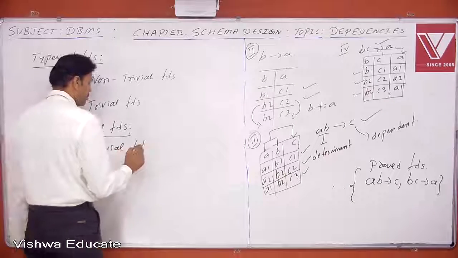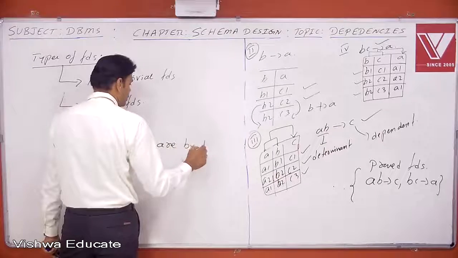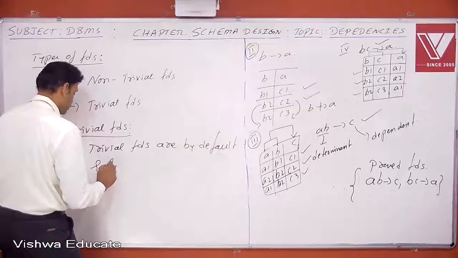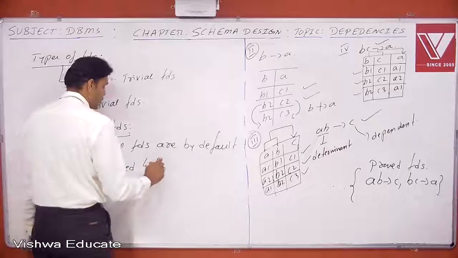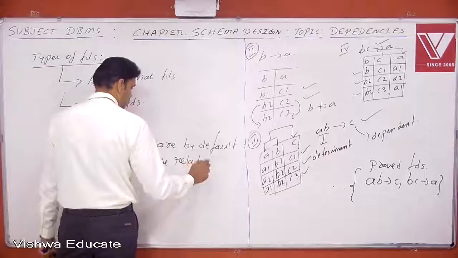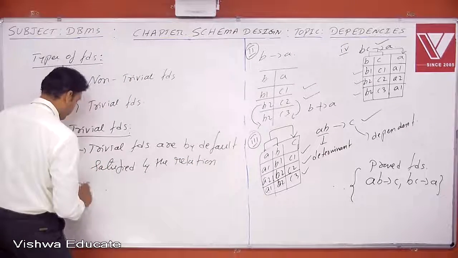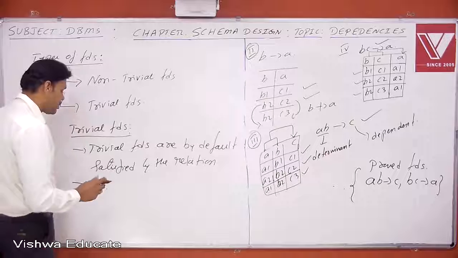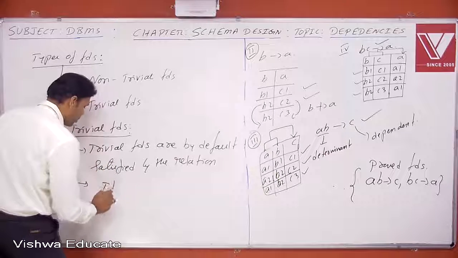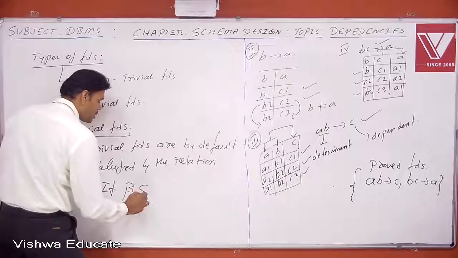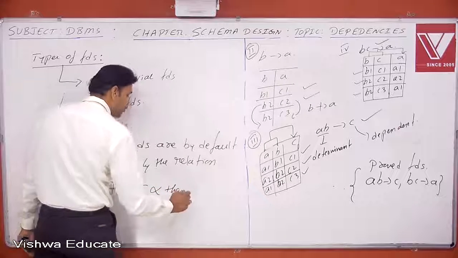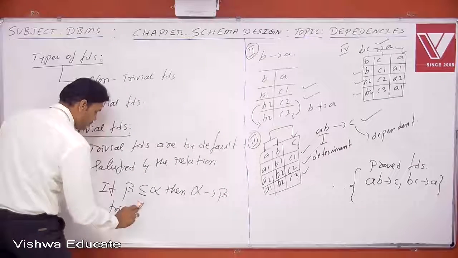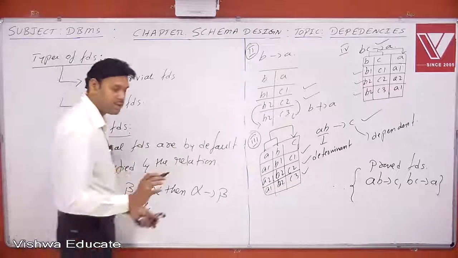Trivial FDs are by default satisfied by the relation. How do you prove whether it is a trivial FD or non-trivial FD? I will give you a shortcut. If beta is a subset or equivalent to alpha, then alpha gives beta trivially. That's it. Simple definition.